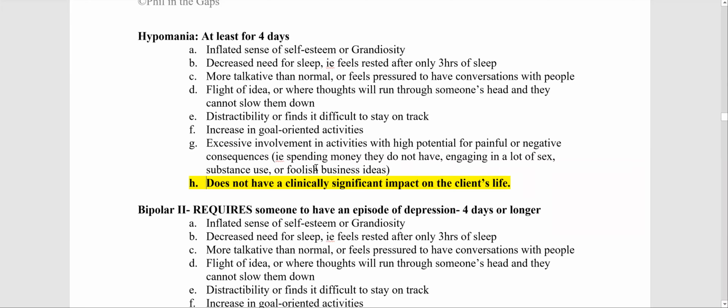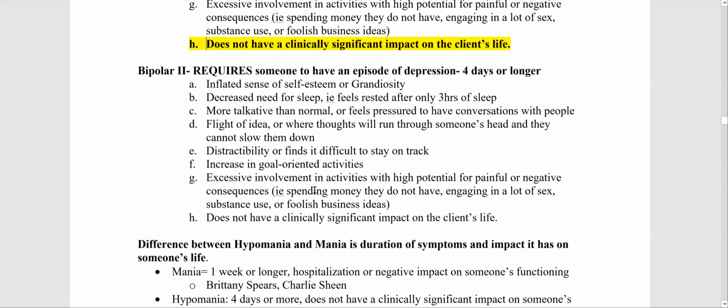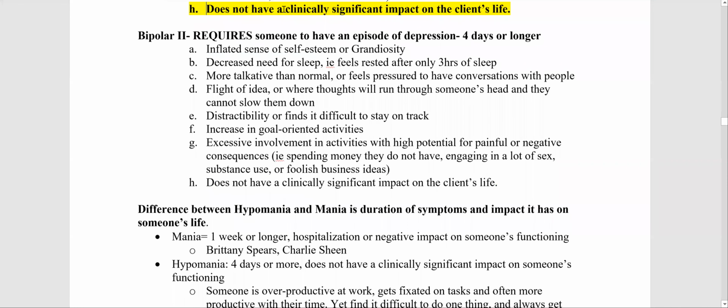So moving into bipolar 2 disorder, because we just went over the symptoms, I'm going to go faster through it. So again, a key difference here is bipolar 2 disorder requires someone have an episode of depression, where bipolar 1 disorder did not require that episode of depression.